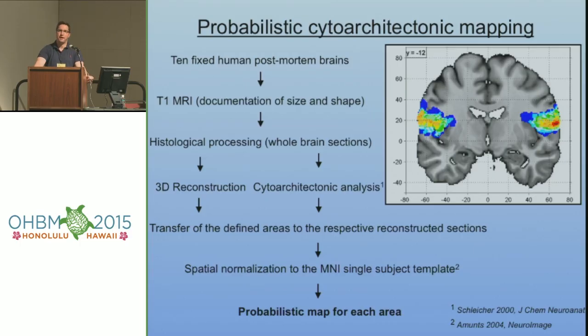These are probabilistic maps for histological areas, so in standard reference space, you can get the information at each voxel of the brain, how likely was the particular microstructurally post-mortem histologically defined area present at that particular location of the brain.